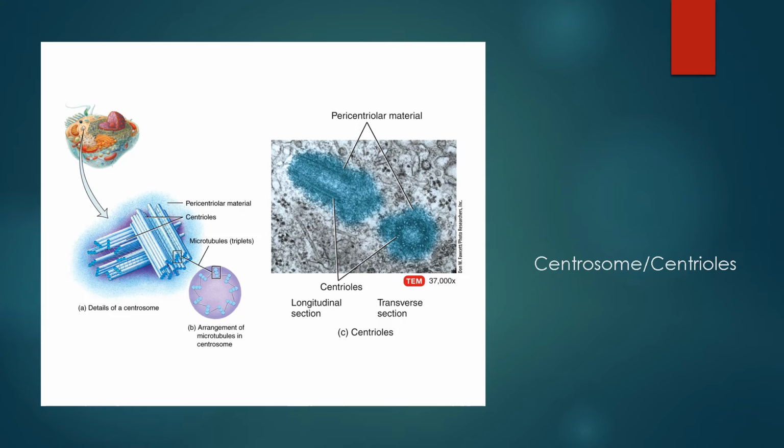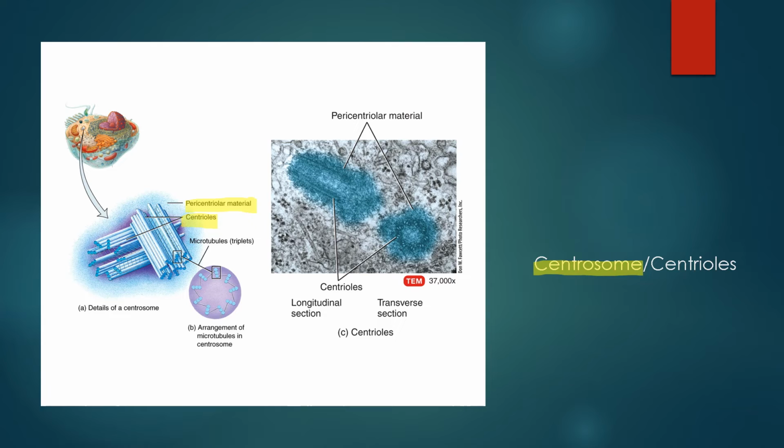So first off, we are going to talk about the centrosome, and we briefly talked about this one just earlier when we talked about microtubules. So centrosomes are generally located near the nucleus, and consist of a pair of centrioles and also pericentriolar material.